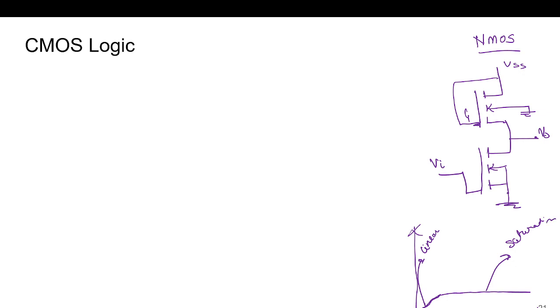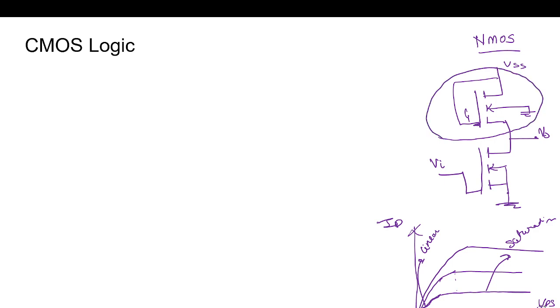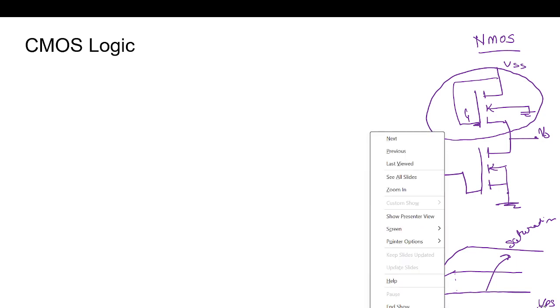Once you increase this VGS value, this is the ID current versus VDS. This will saturate at a later stage. So if we plot this characteristics for this one, it will say threshold is 2 volt. It starts conducting.